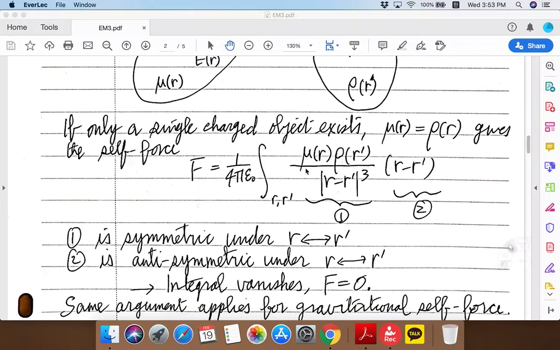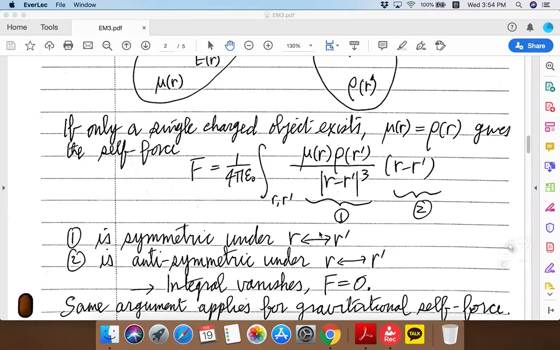After correcting for the typo and relabeling this as rho, this is rho of r times rho of r prime, which under the interchange of the particle labels becomes the same as it was before. And likewise, this r minus r prime becomes minus that after the interchange, but since we're only talking about the magnitude, the value remains exactly the same.